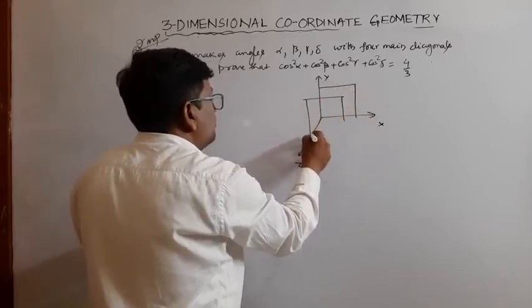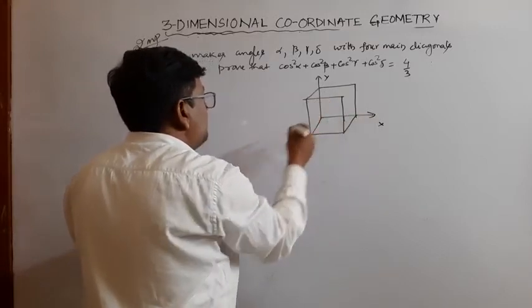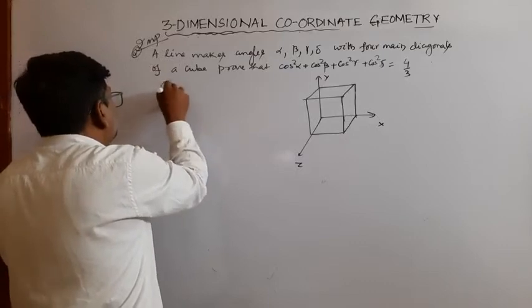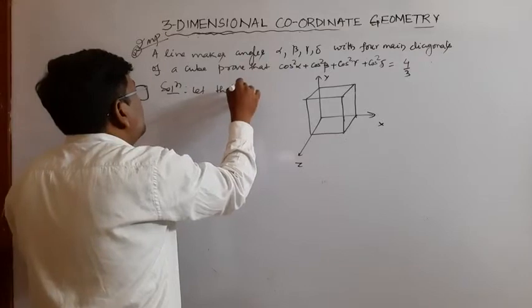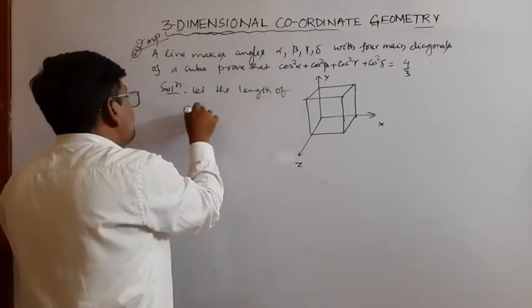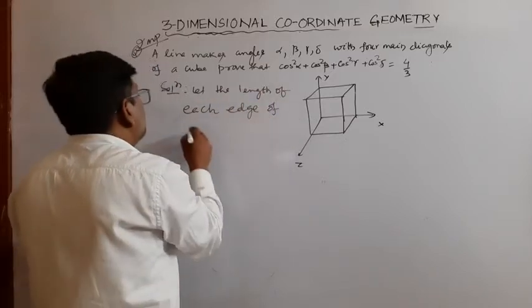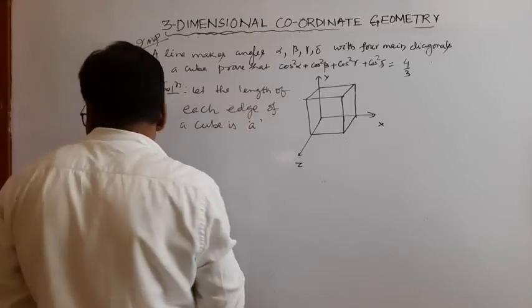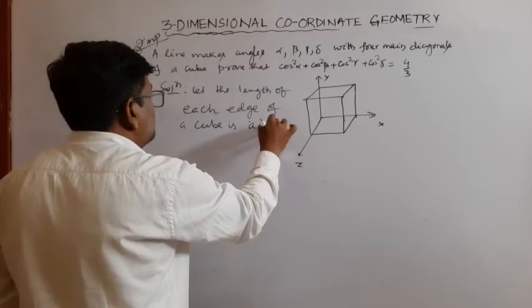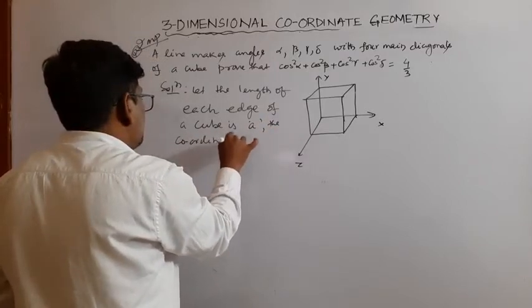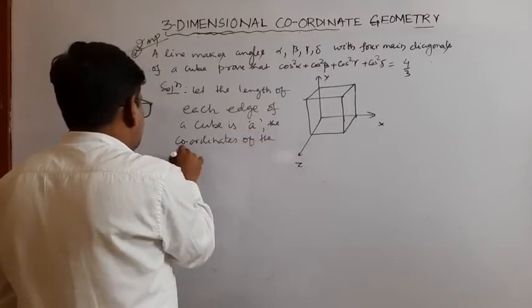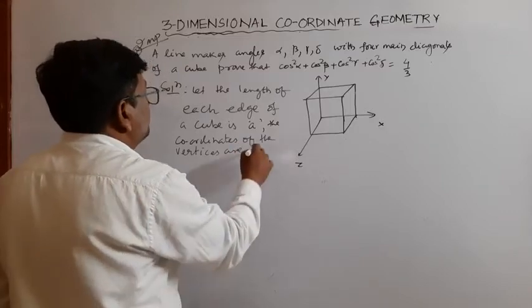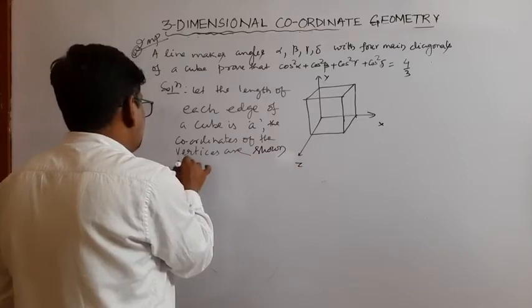Solution: let the length of each edge of the cube be A, and the coordinates of the vertices are as shown in the side figure.